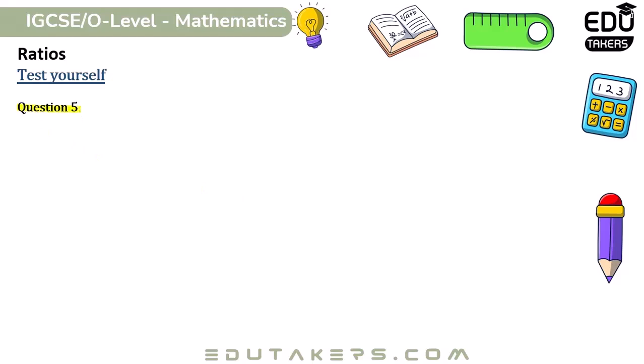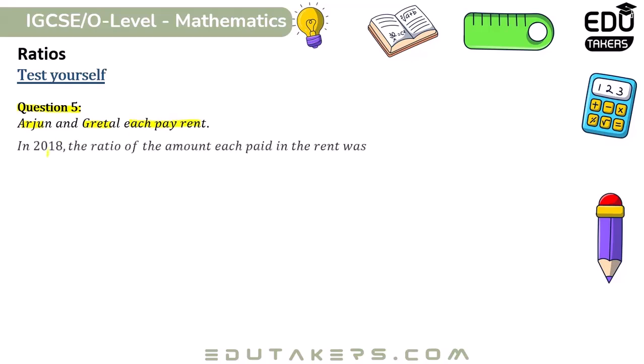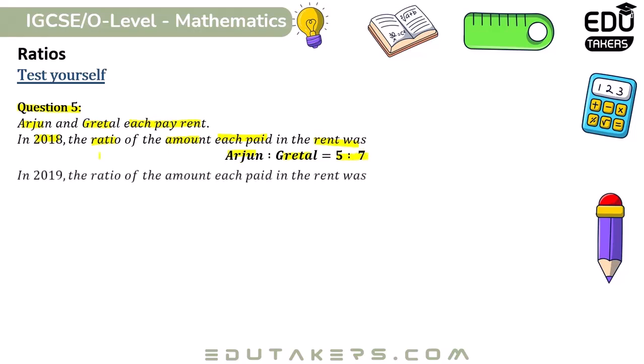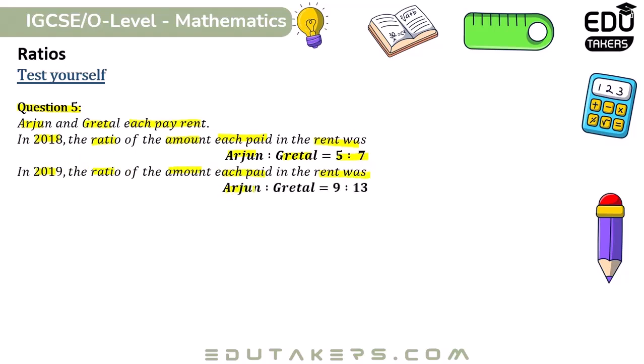Question number 5. Arjun and Gretel each pay rent. In 2018, the ratio of the amount each paid in rent, Arjun to Gretel, is 5:7. In 2019, the ratio of the amount each paid in rent, Arjun to Gretel, is 9:13.